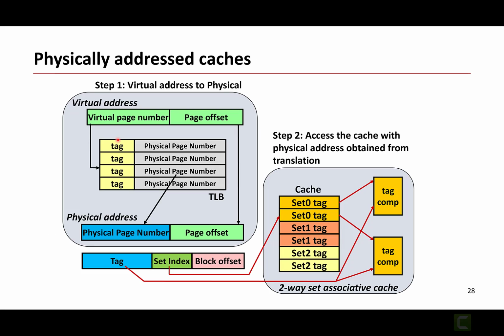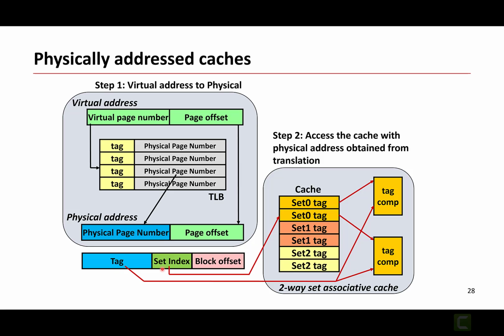So this is another way to visualize the difference between physically addressed cache and virtually addressed cache. This is often a source of confusion because in both cases we are talking about the same cache, and the only thing that is really different about the two designs is which address you choose. In the case of physically addressed cache, I'm choosing to derive the tag and the set index from the physical address. So I take the virtual address, do the translation, get the physical address, and then I can figure out what my tag and set index are.